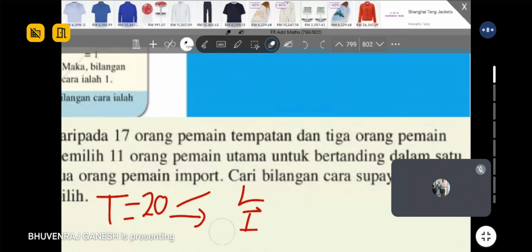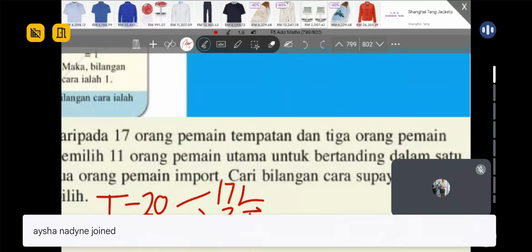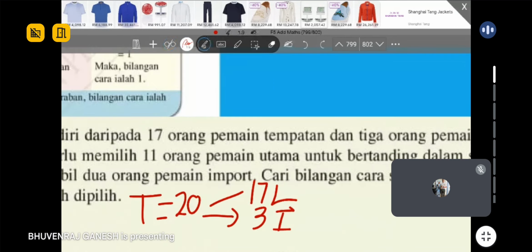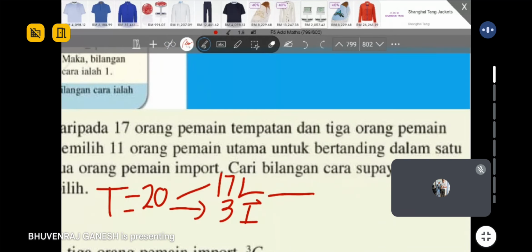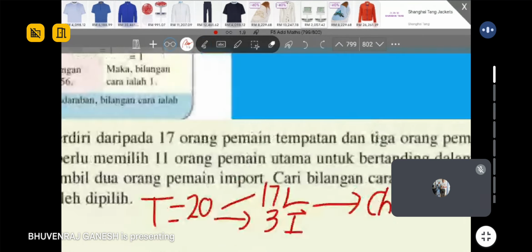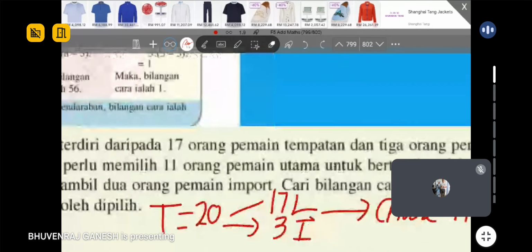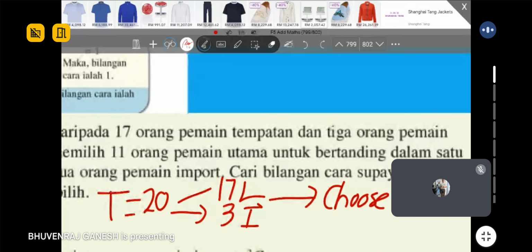This one is 17 and 3. This is our situation. So now you must choose 11 out of this. Alright? So this is the situation. And they say that you must take 2 import, so 2I.